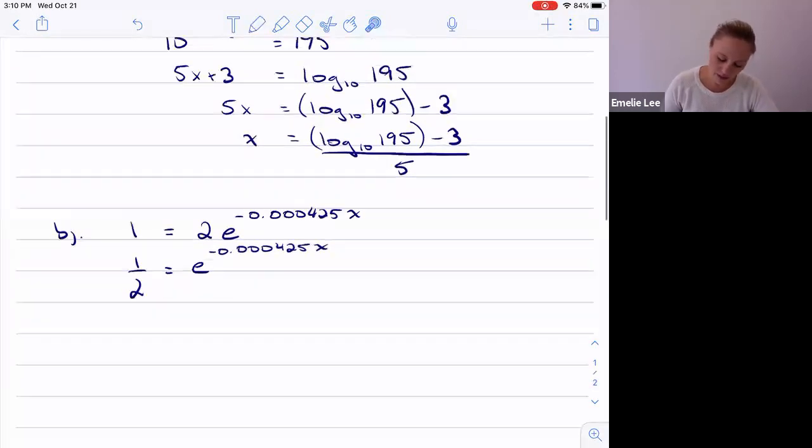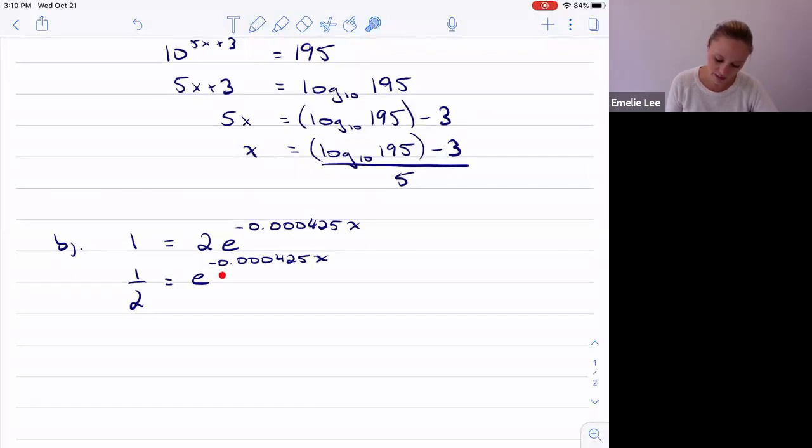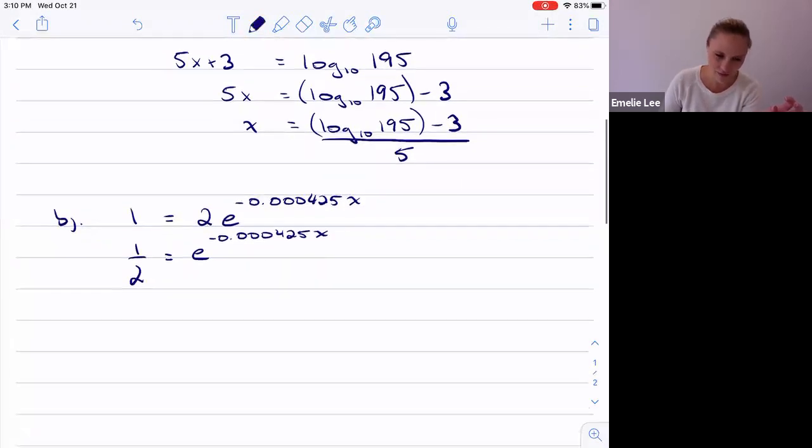So now this is saying that, remember that phrase that we used for the exponent and the logs? Whatever's in the power, that's the log of the base that you're on, of the argument.